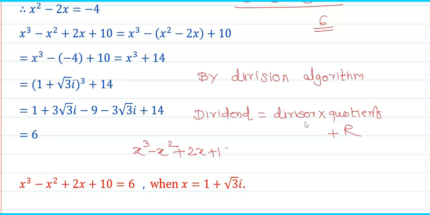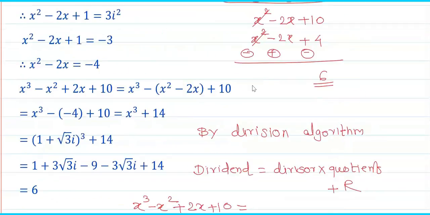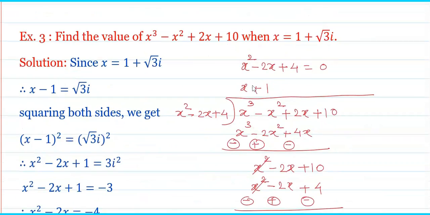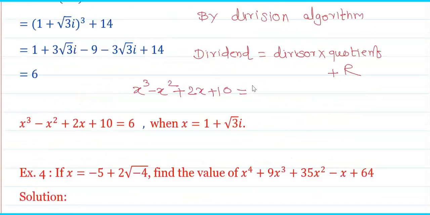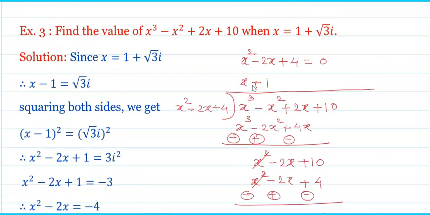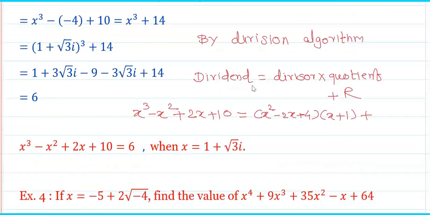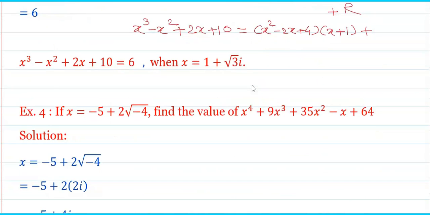What is the divisor? The divisor is x square minus 2x plus 4, into the quotient. What is the quotient? x plus 1. And what is the remainder? The remainder is 6.